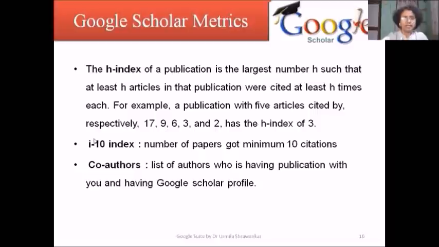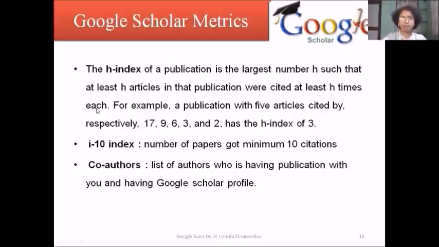Now, what do we mean by H-index? I have already explained it, and under the demonstration also, I will give you a clear-cut idea about it. The H-index of a publication is the largest number H such that at least H articles in that publication were cited at least H times each.